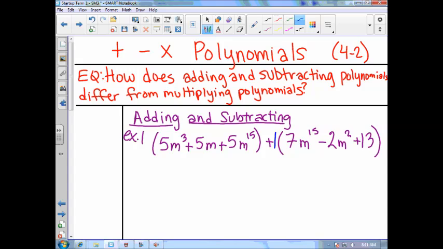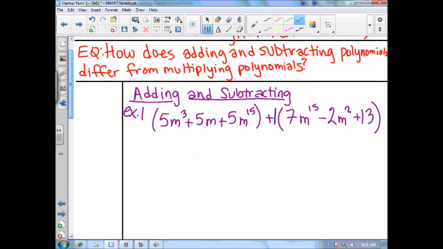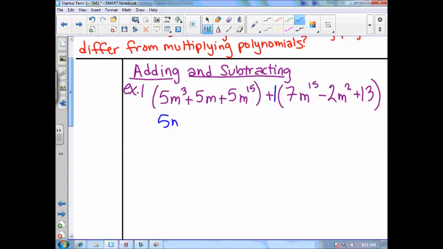No. So we can just drop all of the parentheses in adding. We don't really need them. And then we can look for like terms. So I'm just rewriting it. I dropped all the parentheses and we look for like terms.